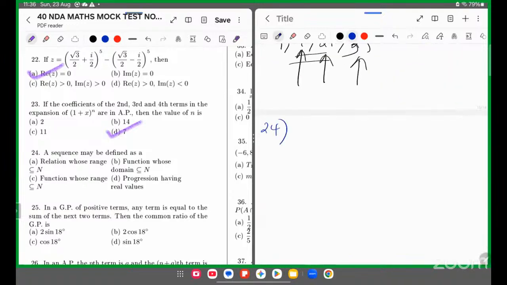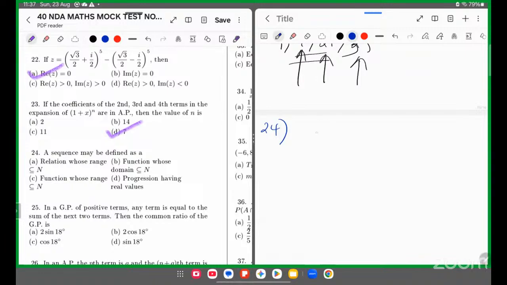Question number 24. A sequence may be defined as... A sequence is formally defined as a function whose domain is a subset of the natural numbers. So the domain should always be first term, second term, third term, fourth term, like that.